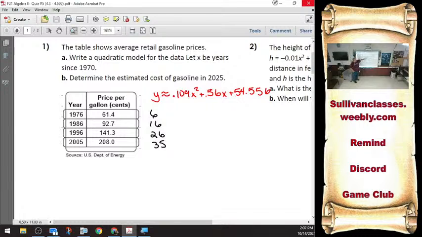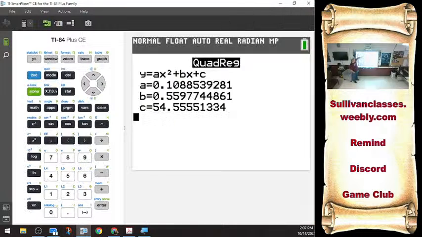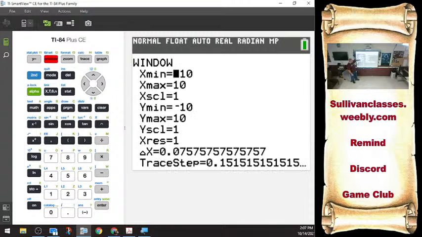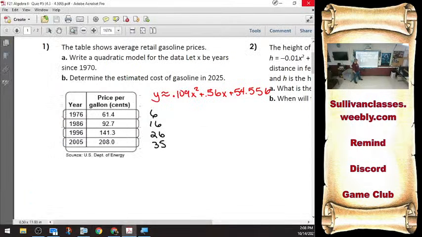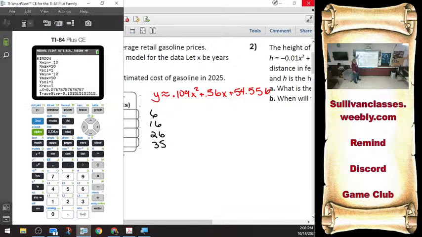Determine the estimated cost of gas in 2025. So, option 1: I can make my window go out to whatever this is, and then I'll be able to trace it. We were talking about the price per gallon in cents.